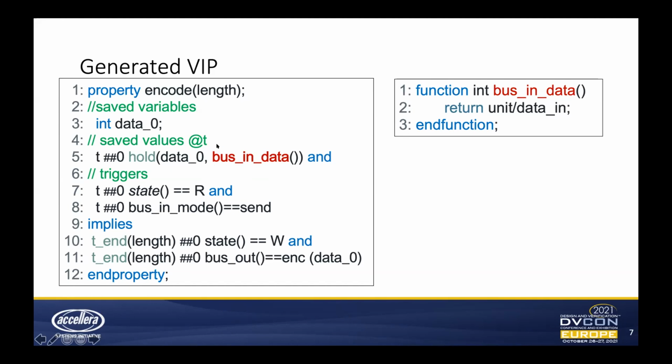So let's say the data that we receive at the beginning of the operation is a 32-bit integer. And of course, you could have a 32-bit wide input port in the RTL. In this case, passing data would simply be refined to the RTL signal. But in practice, things are not always that easy.